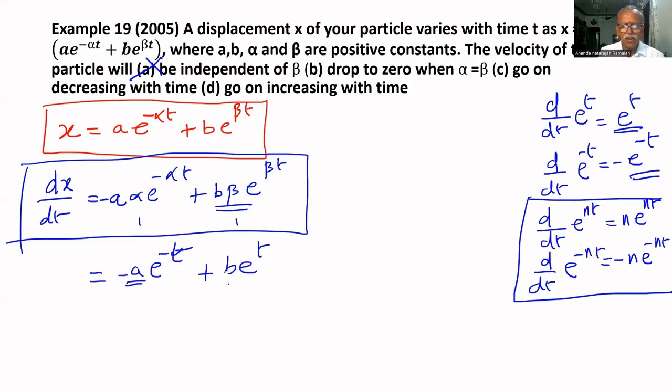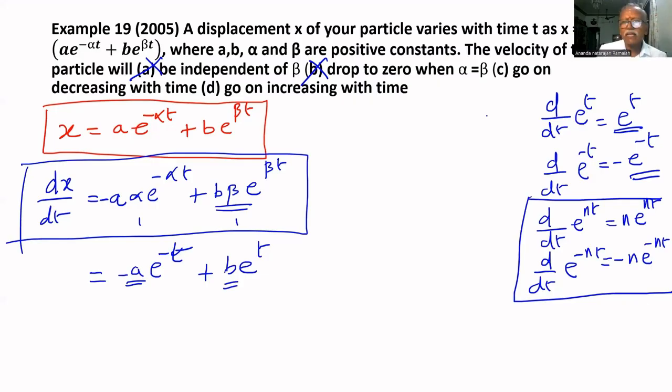Here a and b are not equal, and e power minus t and e power plus t are adding, so they won't get cancelled. It won't become 0. Therefore, B is also wrong. For these types of sums, we have to eliminate wrong answers first, rather than choosing the correct answer.